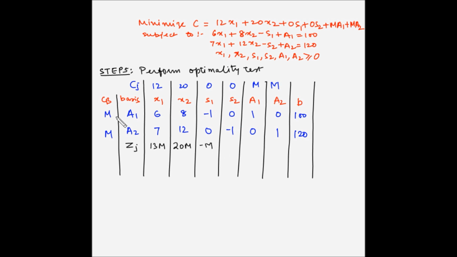For s2, 0 into m is 0, plus m into minus 1, so this is minus m. For a1, m into 1, which is m, plus 0 into m, which is 0. And for a2, m into 0 plus m into 1, which is m. For B, 100m plus 120m, so this becomes 220m.